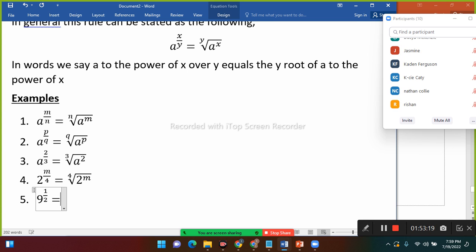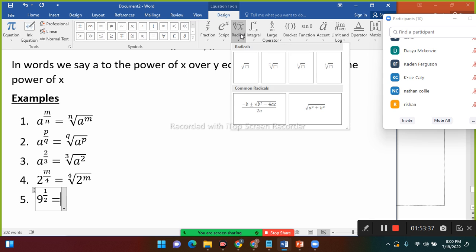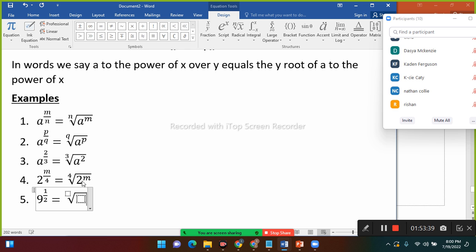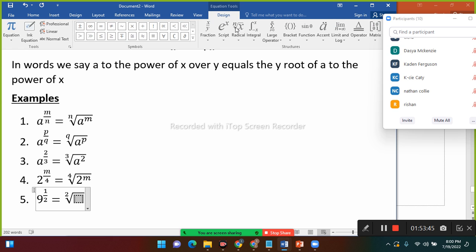What would that equal to? What do you think? Yes. 2 root, okay. 9 to the first power. 9 to the power of 1, excellent.